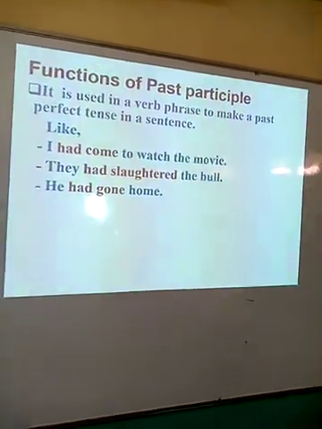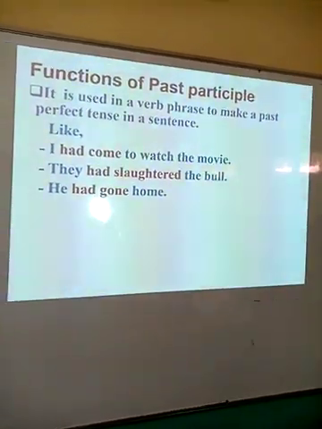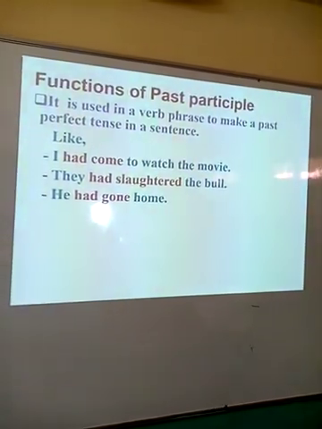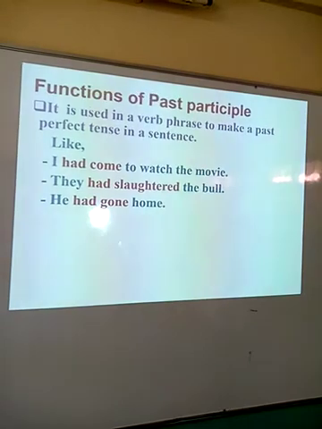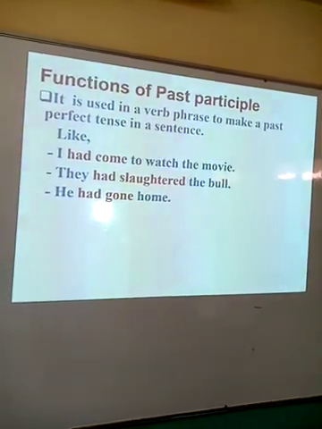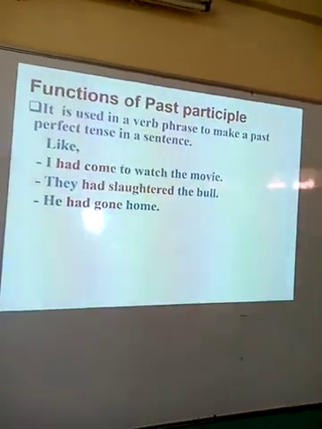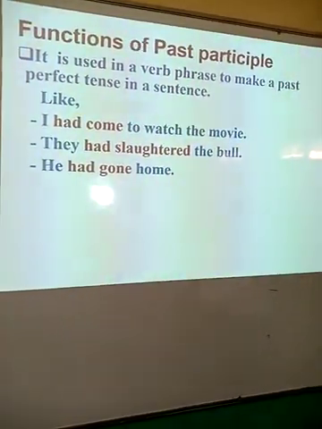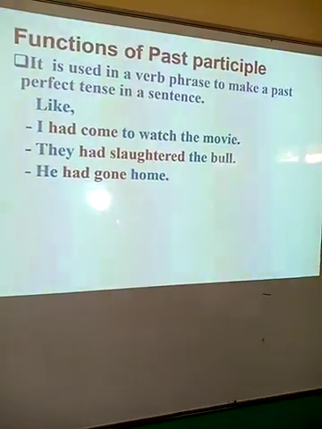Functions of past participle, there are many. But for this class, we are going to look at one or two, and especially how past participles are used in sentence construction. One, a past participle is used to make a past perfect tense in a sentence.